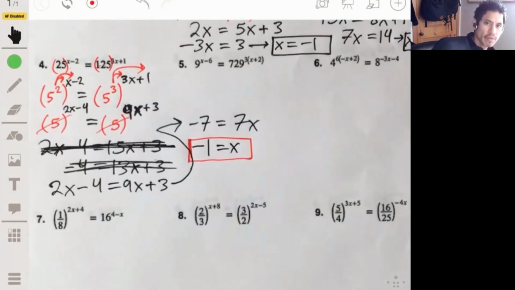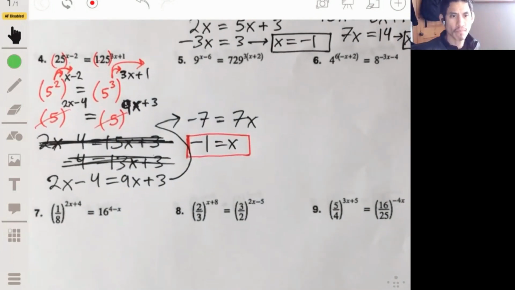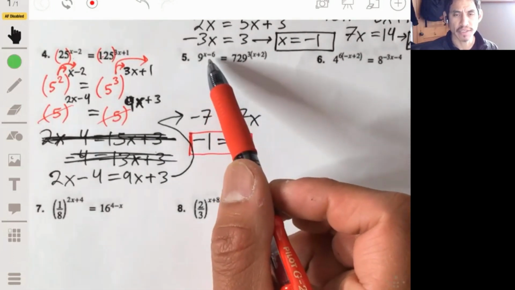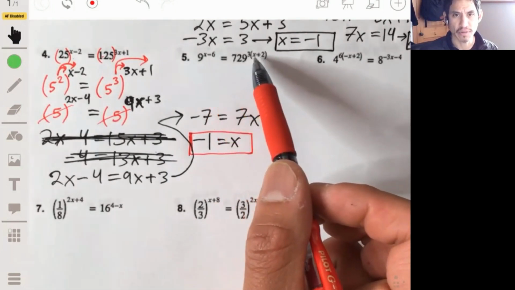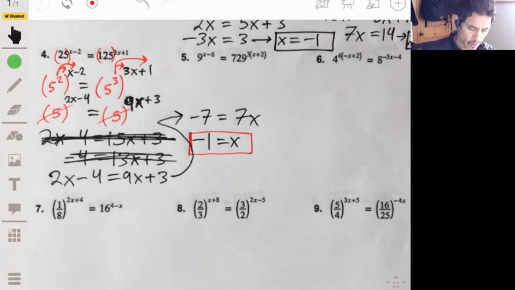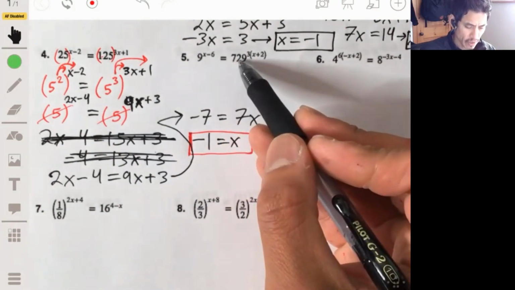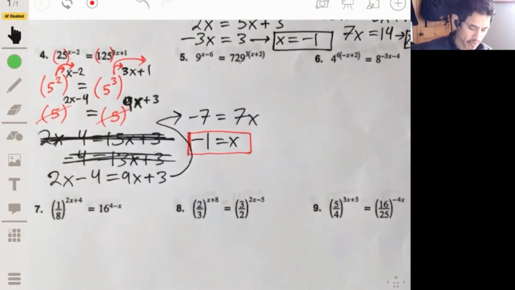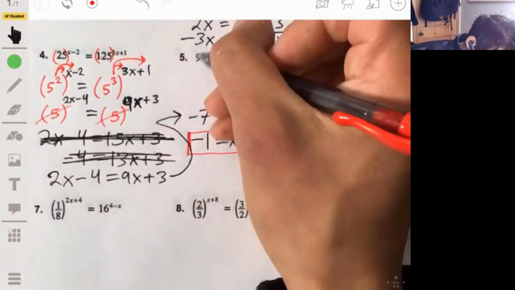All right, another one. Number 5. We've got 9 to the x minus 6 is equal to 729 to the 3x plus 2. Let me put them both in red.